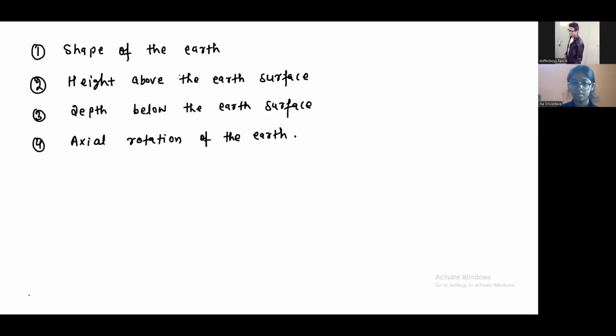So write down the first factor, called the variation in g due to the shape of earth.